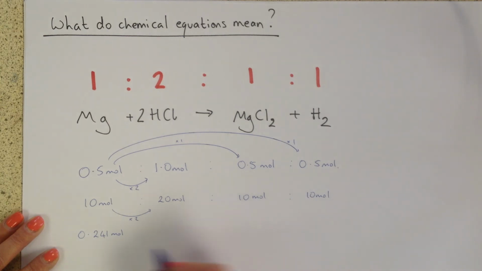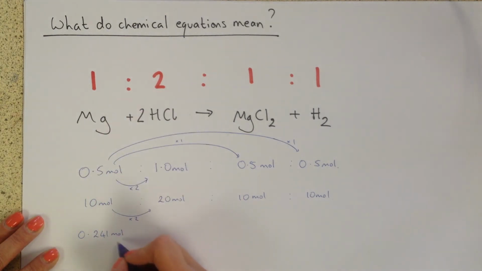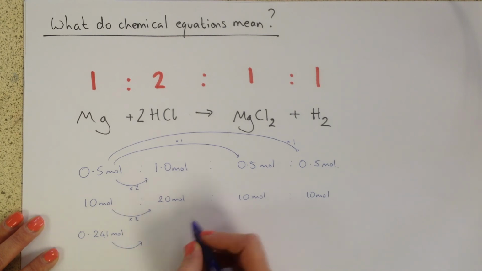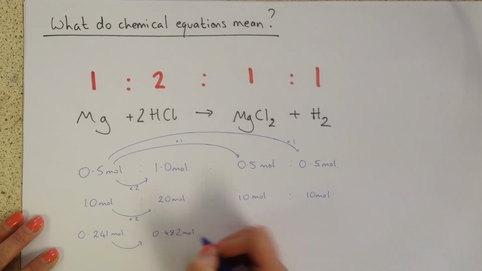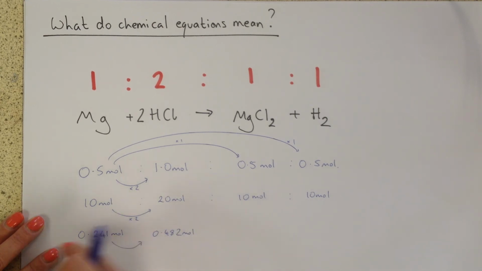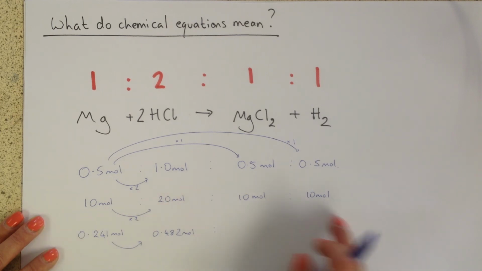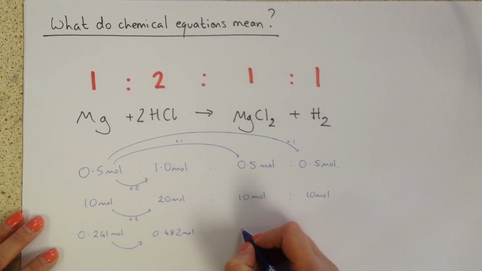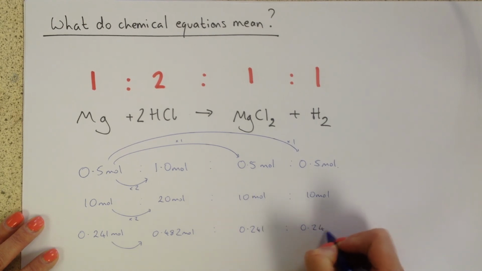So let's use the same technique. If I double 10 to get 20, double 1 to get 2, I'm just going to double 0.241 to get 0.482. If this was an exam or if I was under pressure, I'd do it on my calculator. The others are just going to be the same as the amount of moles of magnesium. 0.241, 0.241.